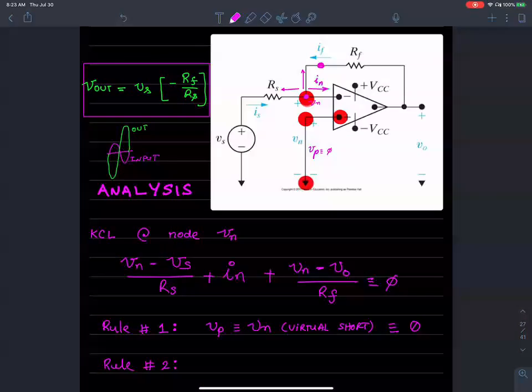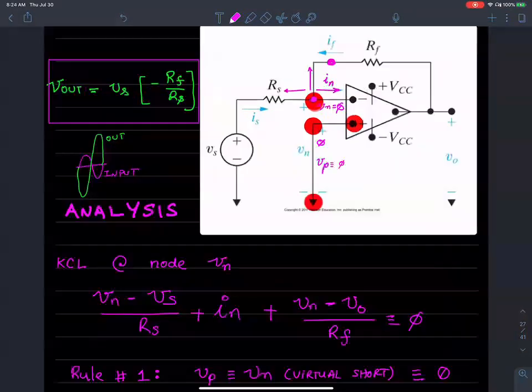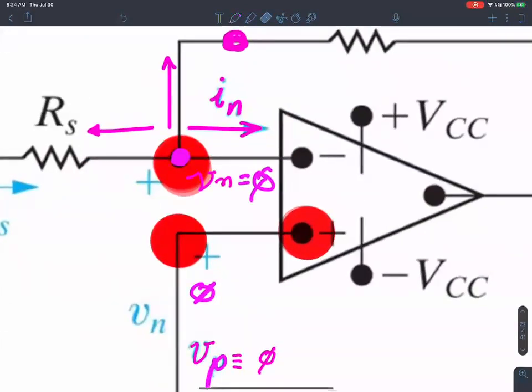That's to ground. That's 0. So this 0 volts automatically shows up on the negative terminal as well, because of the idea of virtual short. So if I were to apply 5 volts here, this would automatically track 5 volts. If I applied 100 volts at the positive terminal, that would automatically show up on the negative terminal.